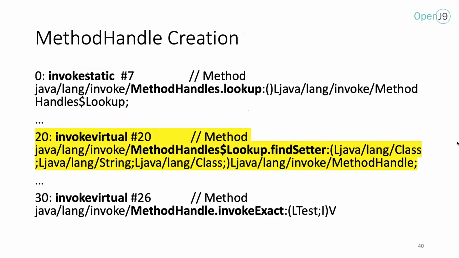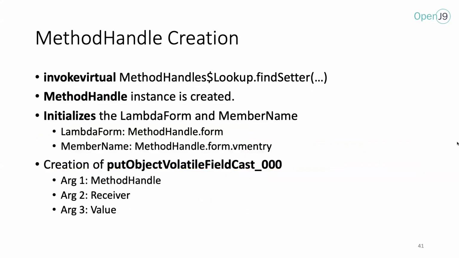So these are the bytecodes which were generated for the find setter example. And creation happens at the bytecode where we do an invoke virtual on lookup find setter. While invoking this bytecode, we create an instance of a MethodHandle. And lookup.findSetter will create this instance, and then it will also initialize the Lambda form and member name for this MethodHandle.